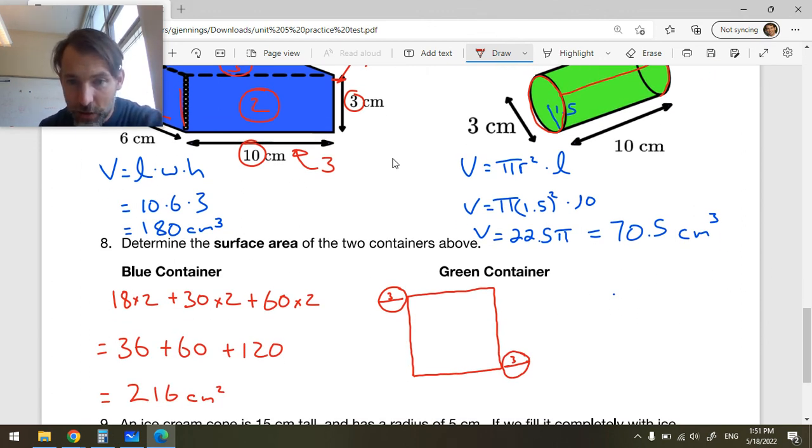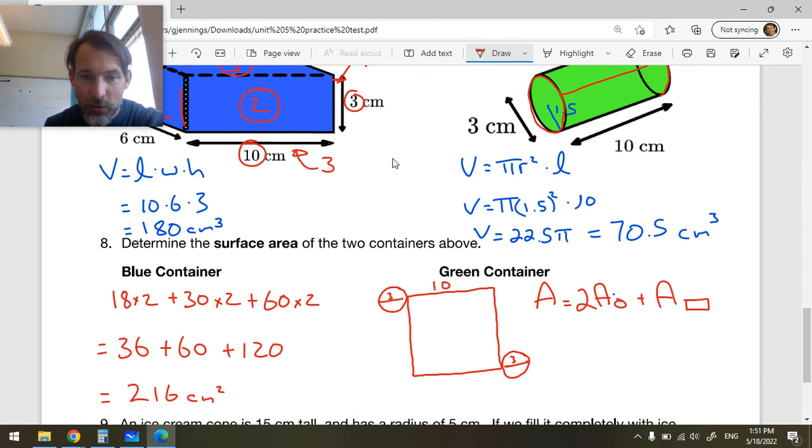There's 2 of them, so the total area is going to be equal to 2 multiplied by the area of the circles plus the area of the rectangle. Okay? The rectangle's length is given as 10, but what's this one here? Well, if I imagine rolling this into a cylinder, see there's a circle on the end, right?